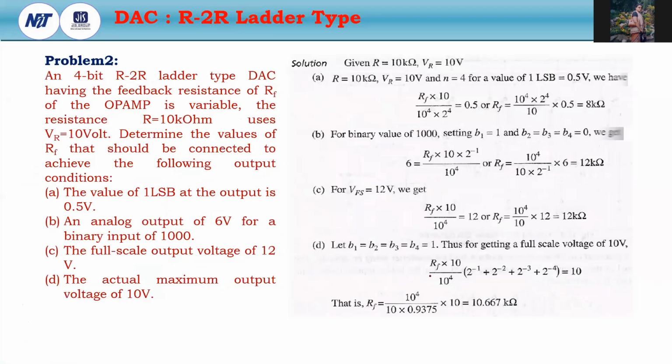Okay. Suppose this is the maximum output. When will I get the maximum voltage at the output? When all the bits are 1. So S3, S2, S1 and S0 should all be 1. Now calculate the VTH first. What will be the VTH?